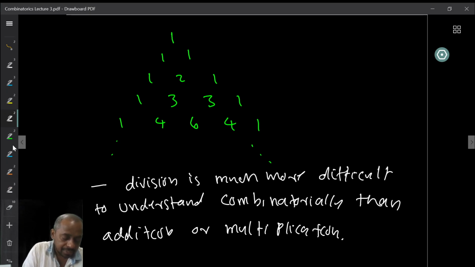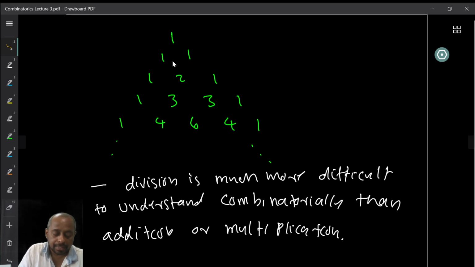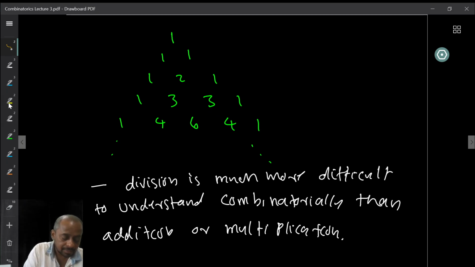For example, if you look at Pascal's triangle or Meru-Prasthara, you will see that if you sum these two, this is the identity that we have just written down. These two, we will get this one. Similarly, if you add this and this, we will get this. If you add this and this, we will get this, etc. So we can even write down further.